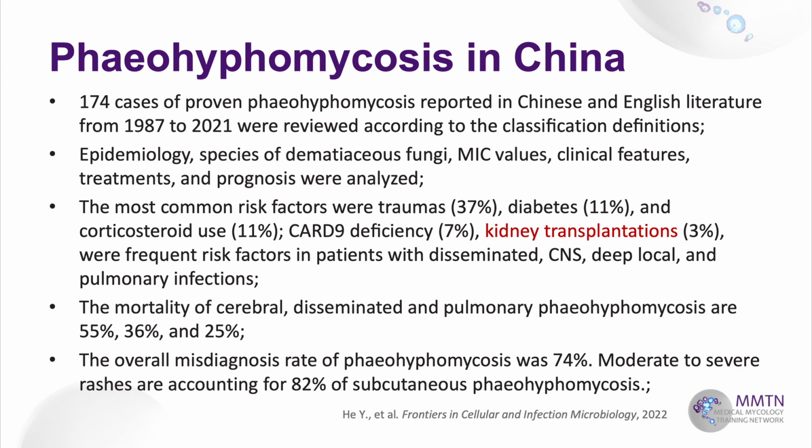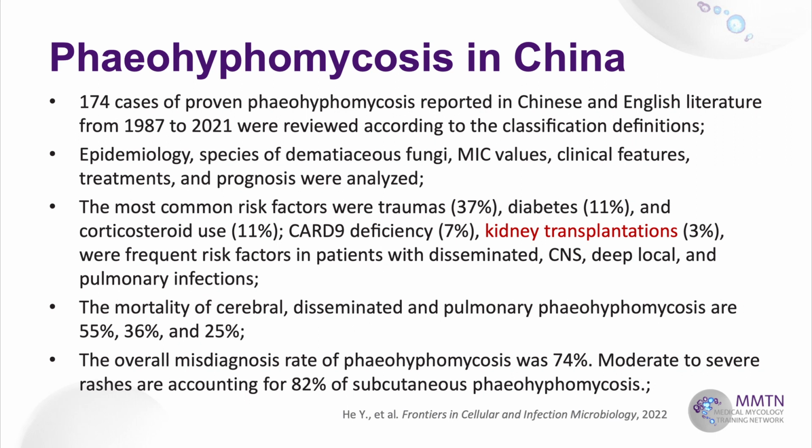Like this morning, Professor Chakrabarty mentioned the CARD9 deficiency in dematiaceous fungal infection in China. It seems to be one of the major causes because it influences the innate immunity of the patient, which accounted for about 77%. We can also see kidney transplantation accounted for 3%.